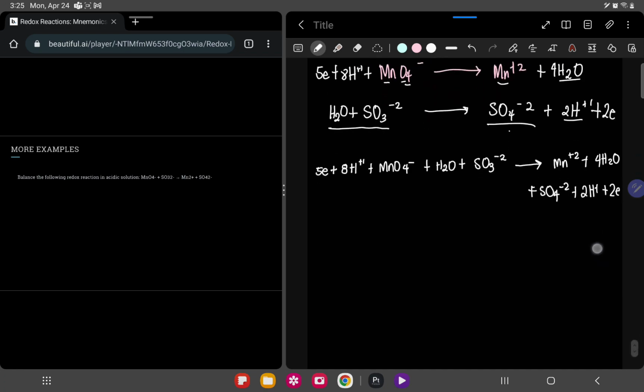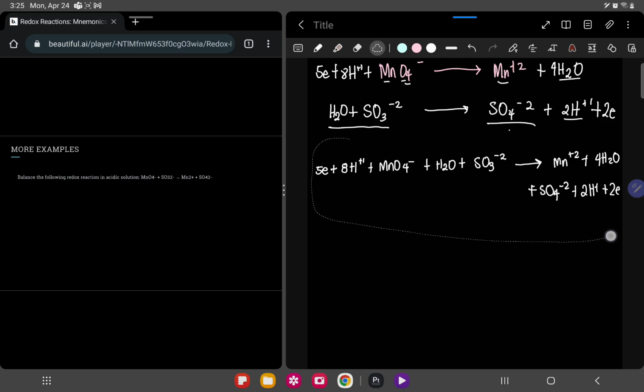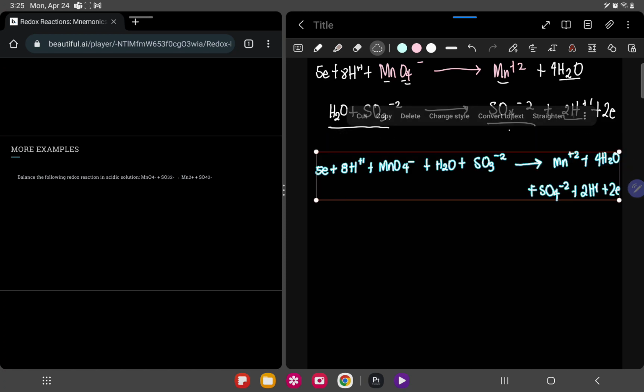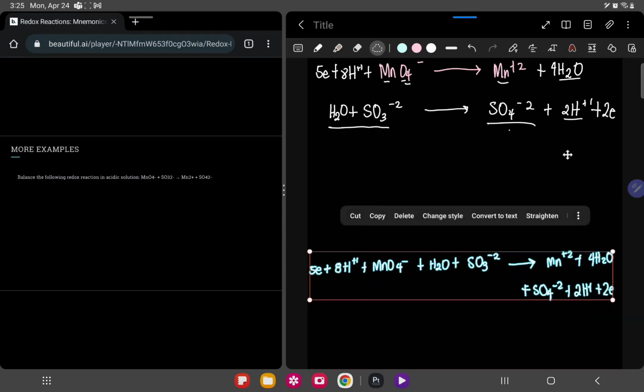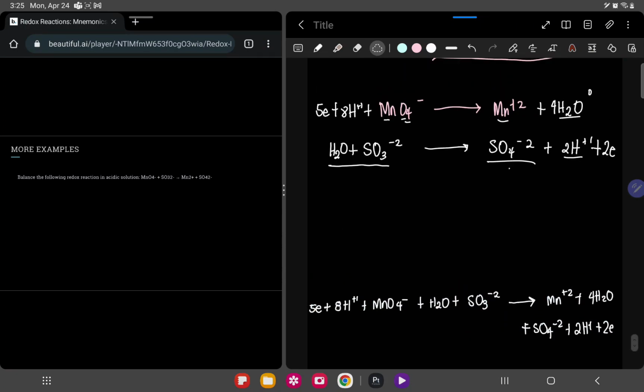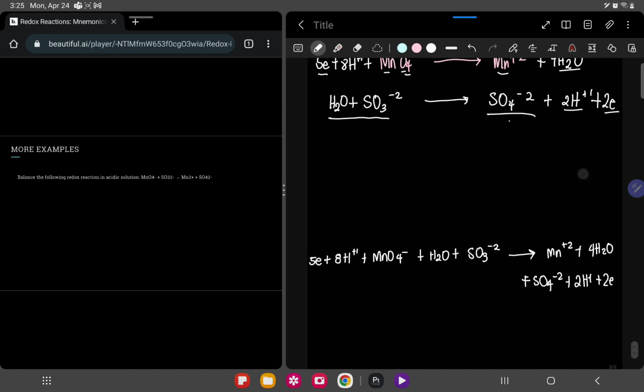I think I forgot another step. Okay. So before we write, sorry, I'm just gonna insert it here. We have to balance out the electron, of course. 5 electron here, and we also have 2 electron on the other side of the equation. We have to make it the same. So no, we have to rewrite everything.